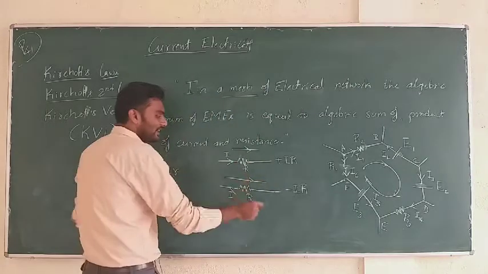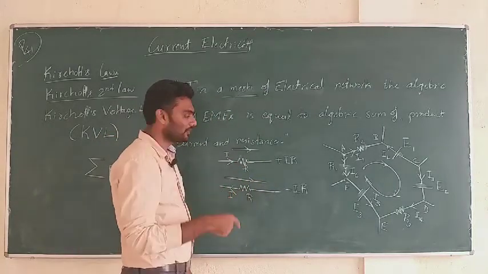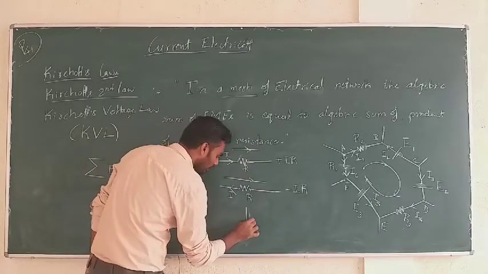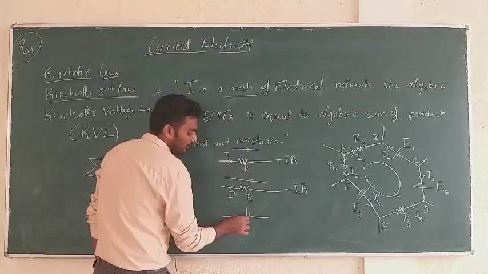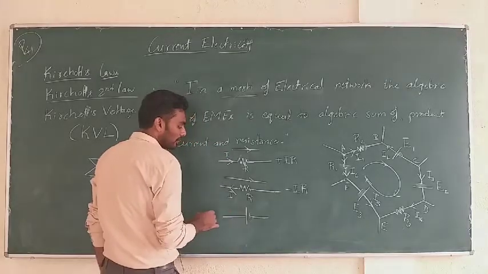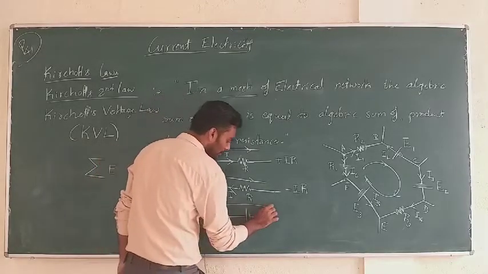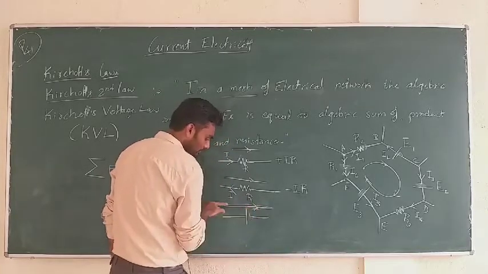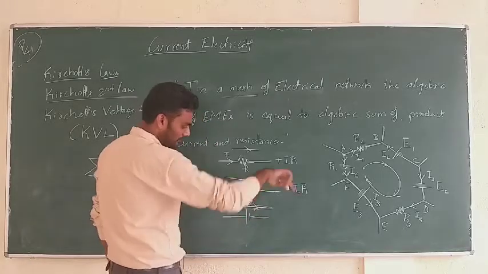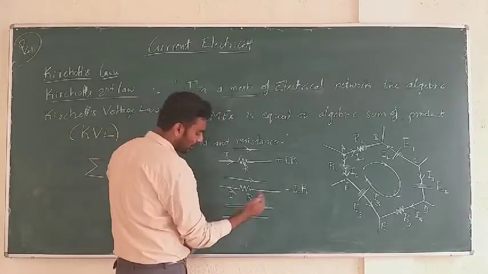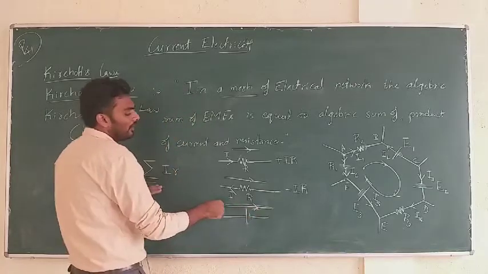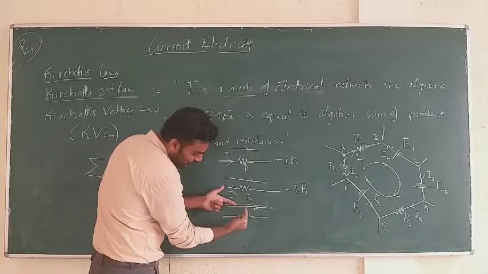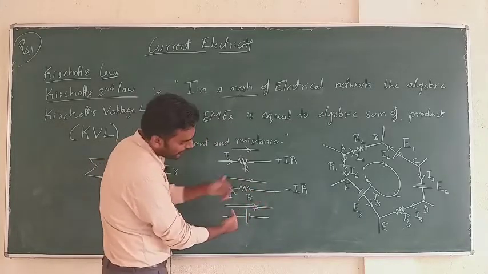Now, when it comes to assigning a positive or negative sign for the EMF of the cell, if this is the positive terminal and this is the negative terminal, and let me take the direction of traverse like this, then in this particular cell, while you are traversing, you first approach the positive terminal of the cell and then you get the negative terminal.